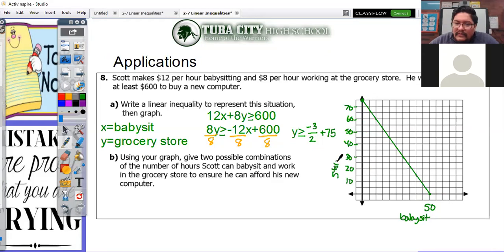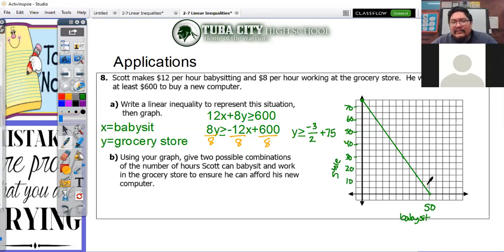We'll just call it the store. So if he works 50 hours at babysitting, he will have enough to get the computer.